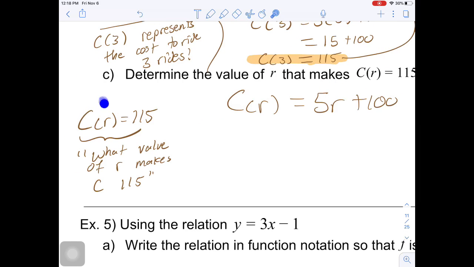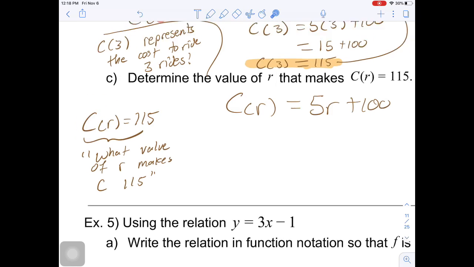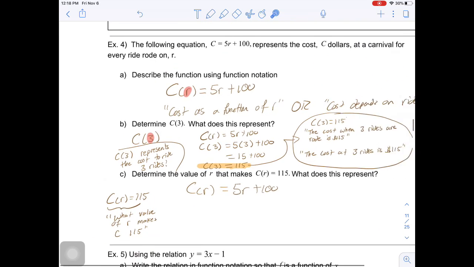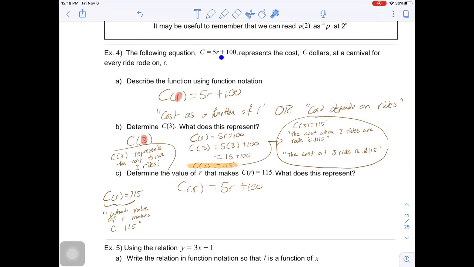Because remember, this isn't two things multiplying. This whole thing is C, and it's in terms of R. That's what this means. This is the equation of C. Remember what equation we started with? C equals 5R plus 100. This simply means that our equation for C is an equation that uses the value R.